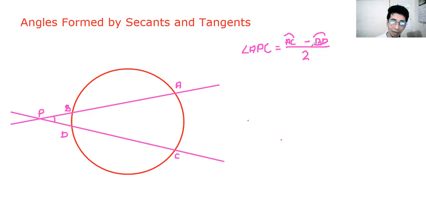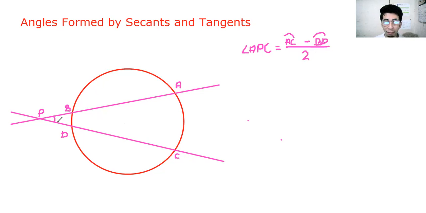Kung last time, yung nasa loob, parehas kasi nasa loob yung vertex natin, diba? Yung point of intersection of two lines, is nasa loob. Kapag nasa loob yung vertex natin, dinidivide din natin siya sa 2, pero addition, diba? We're going to add the 2 arcs, then divide it to 2.